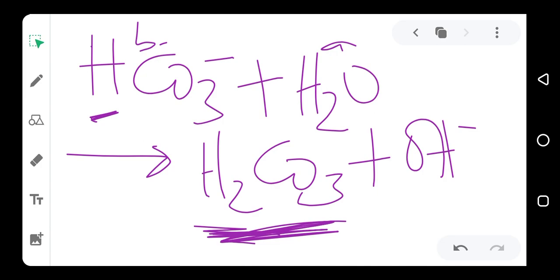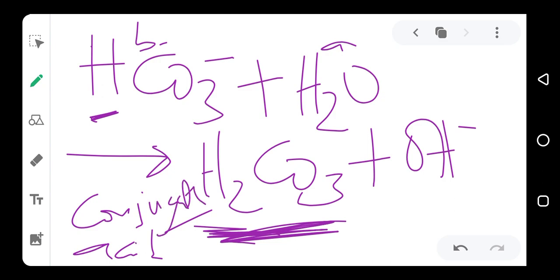So what it means is that this is a conjugate acid, while this one is a conjugate base. A conjugate acid is from a base, while a conjugate base is from an acid.